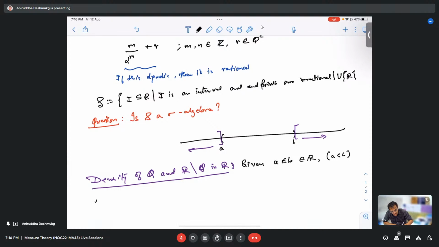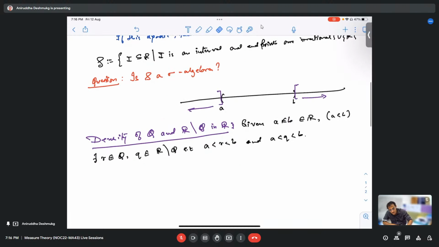You can find a rational number Q and an irrational number P such that A is strictly less than Q, strictly less than B, and A is strictly less than P, strictly less than B.